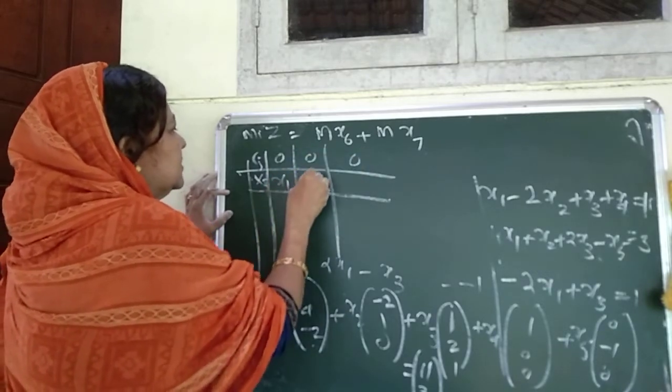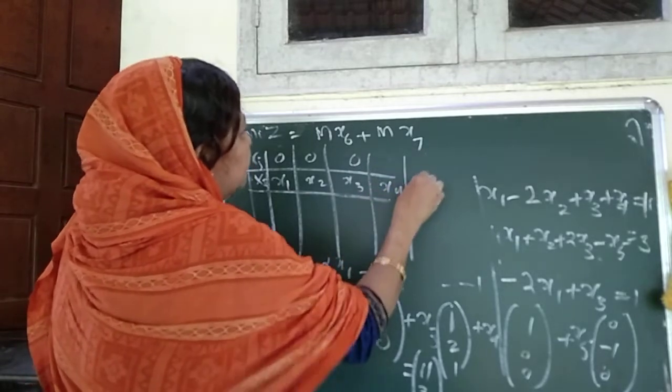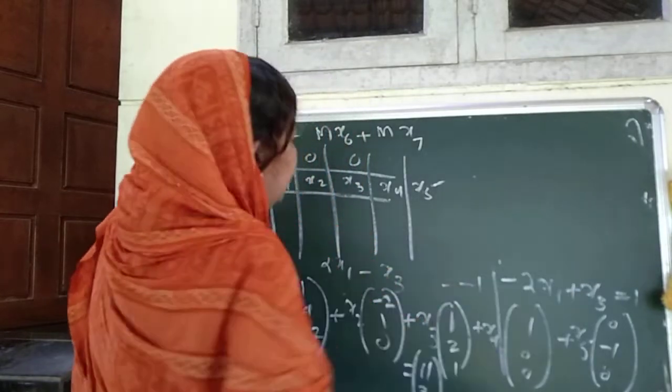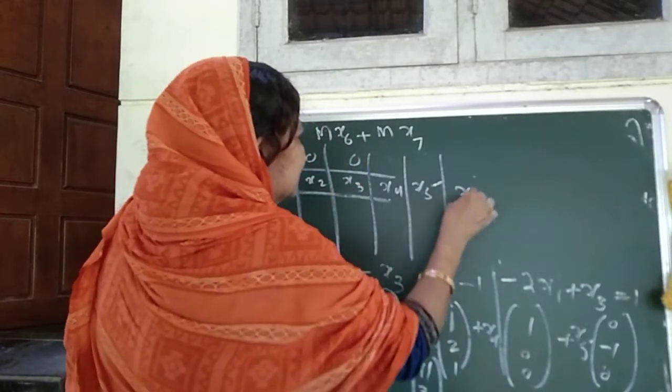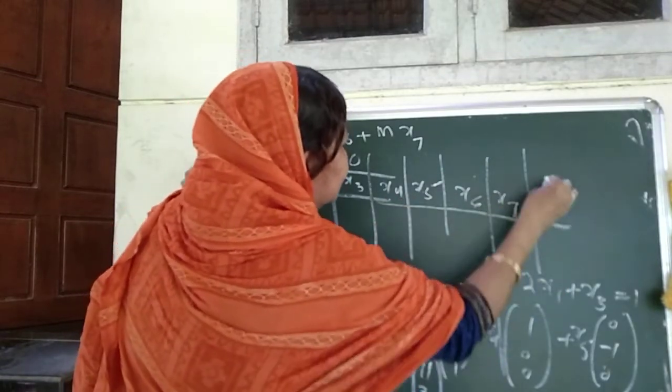Here we have to introduce x1, x2, x3, x4, x5, then x6, x7 and the constant term.